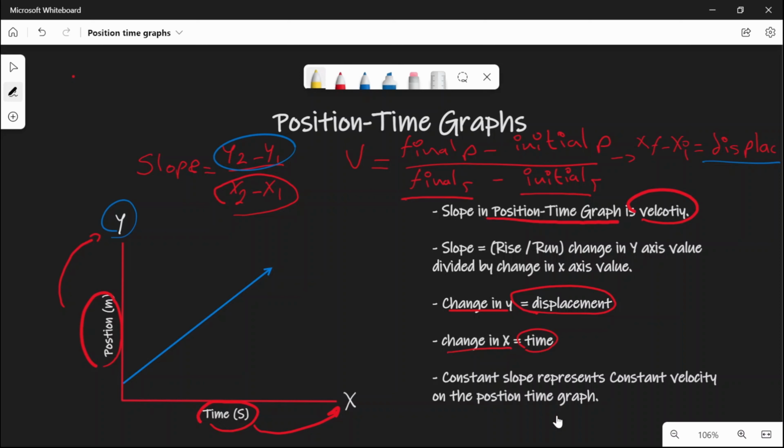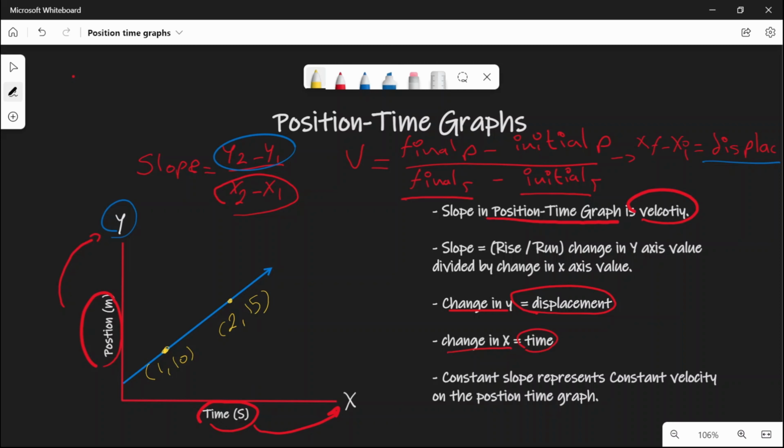So let's take an example with some numerical values. Let's say that this point here is equal to 1 and 10, and that point is equal to 2 and 15.